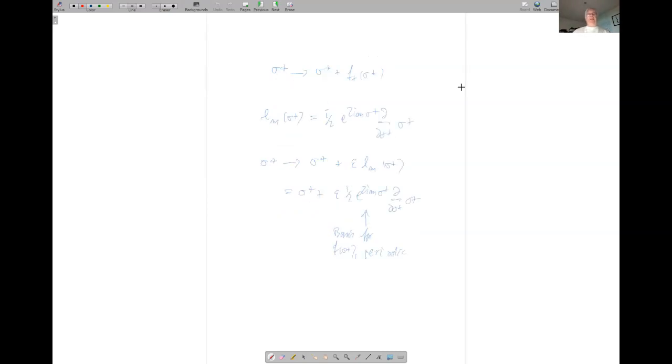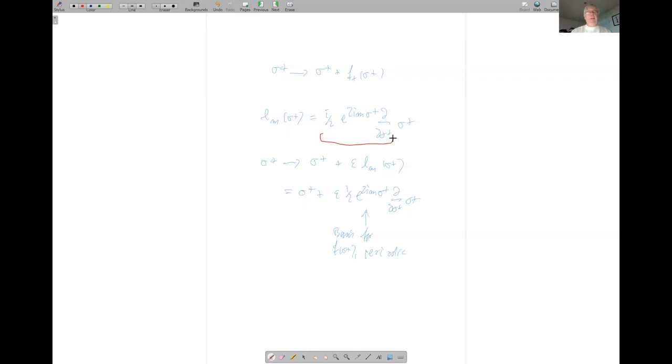Our example here was the infinitesimal transformation where sigma plus is changed by an arbitrary periodic function. The basic operators that generate these are these differential operators, and the function to which I apply this is just, in this case, sigma plus, the coordinate, which is also a function.